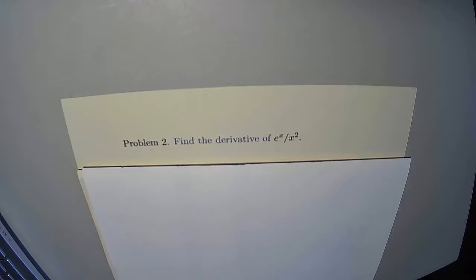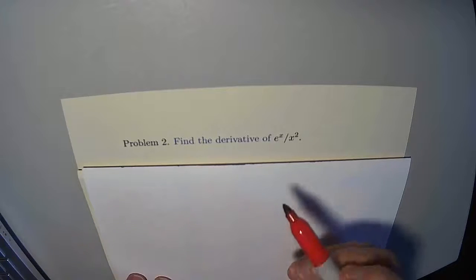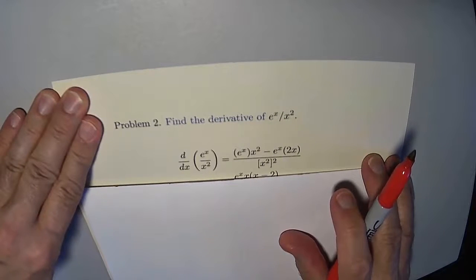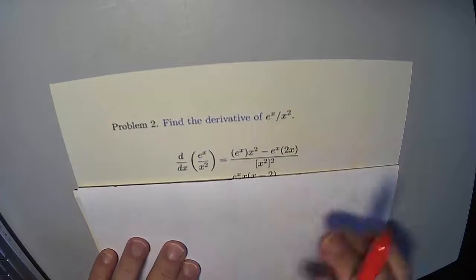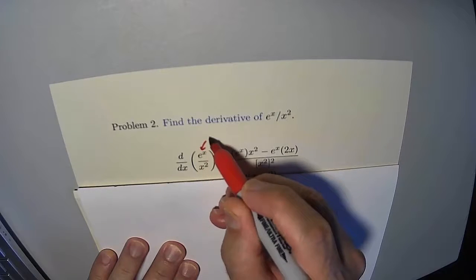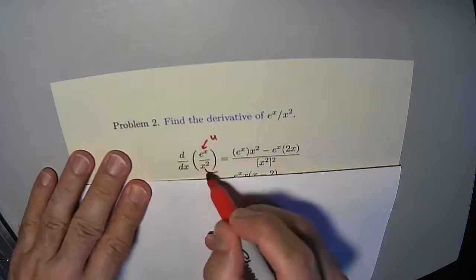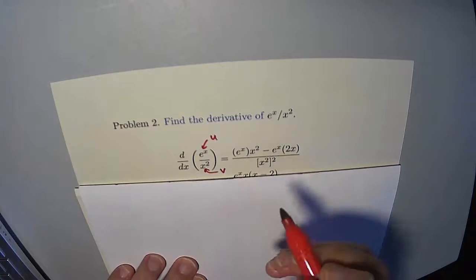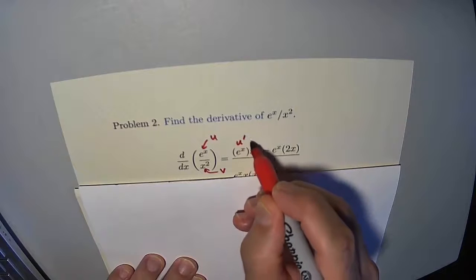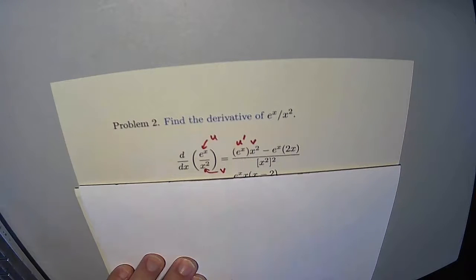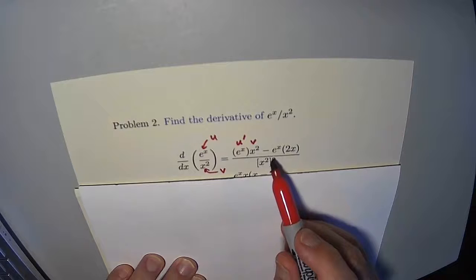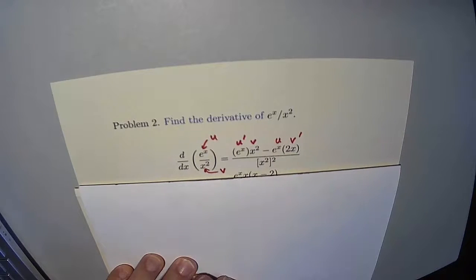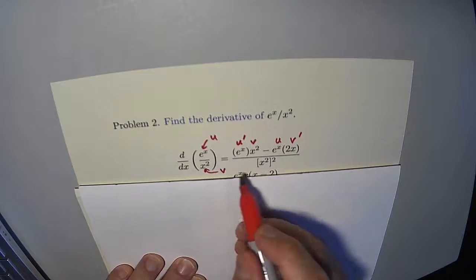In the second problem, we are taking the derivative of e to the x divided by x squared, and that means applying the quotient rule again. We can call the numerator u, the denominator v, and have in the numerator u prime times v, where the derivative of e to the x is itself, minus u times v prime, where the derivative of x squared is 2x. And all of that is divided by the denominator squared.